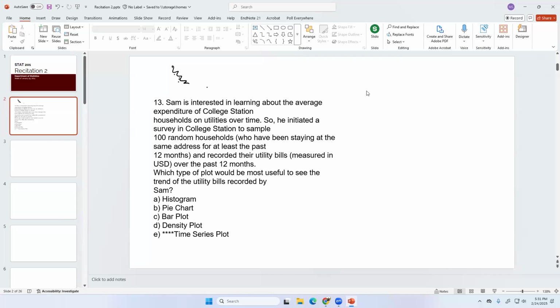Yeah. So just look at this question, right? What is the nature of the data that you're collecting? You have households, and you have 100 of these households, and for each household you're collecting the utility bills.